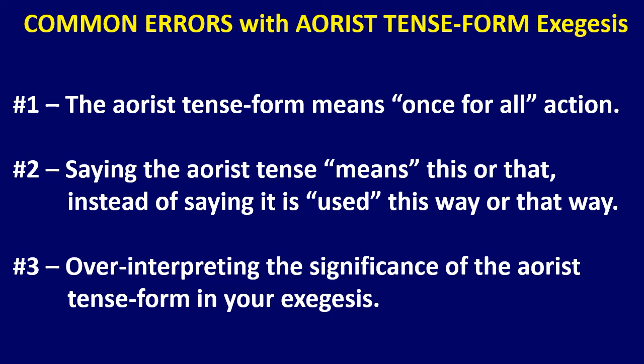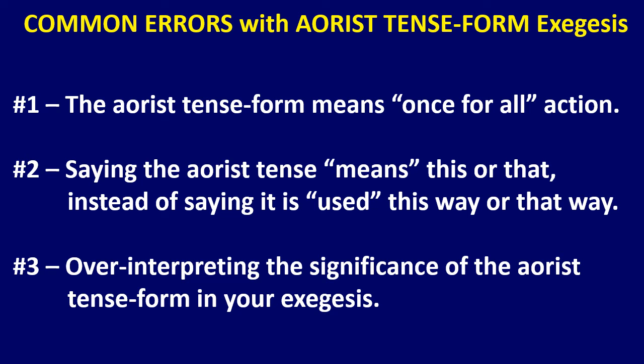When it comes to the imperfect tense form, future, perfect, pluperfect tenses, as we'll see in our future studies, they occur far less often than the aorist and the present tense forms do. What does that tell us?